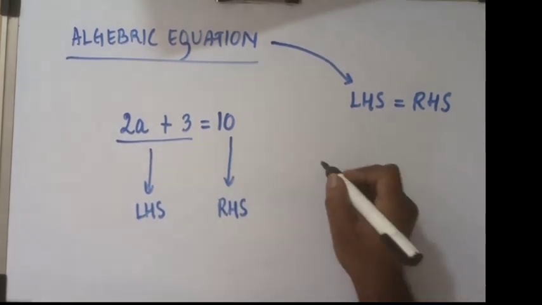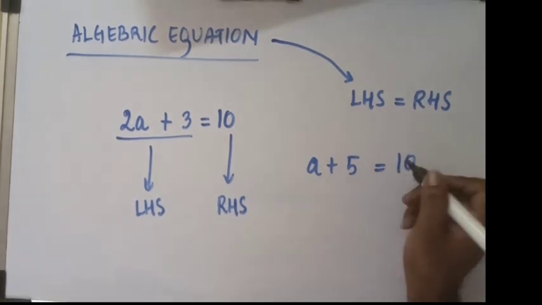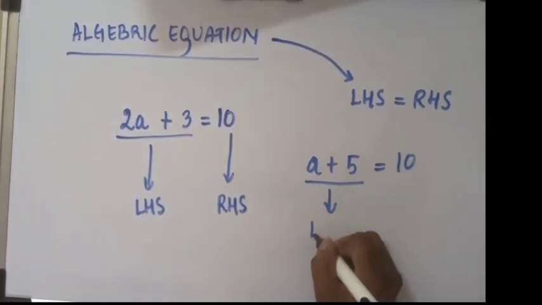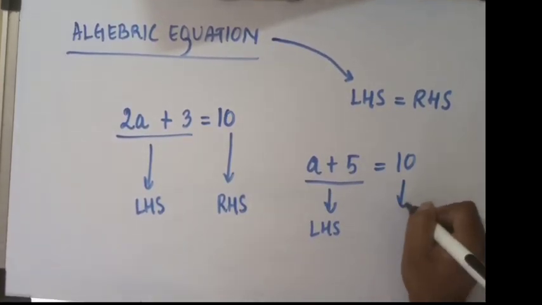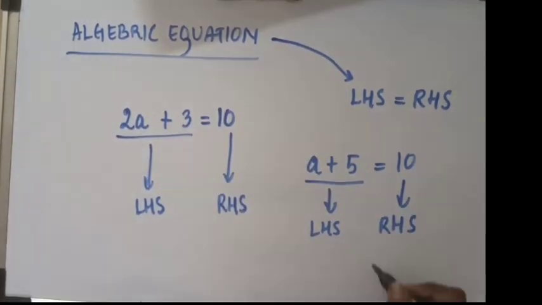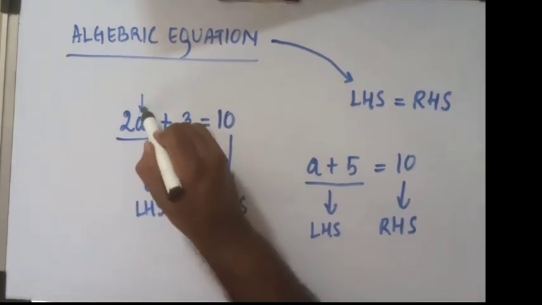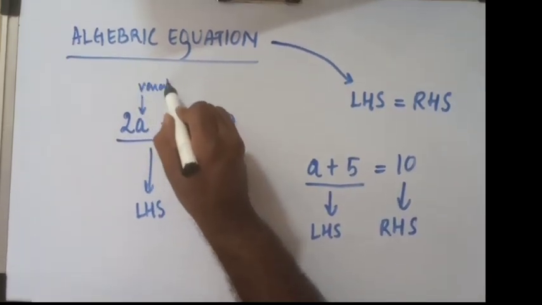Getting? Say a plus 5 is equal to 10. This is an algebraic equation where this LHS will be equal to this RHS. When you solve an algebraic equation, you can find the value of the variable that is there in that equation.